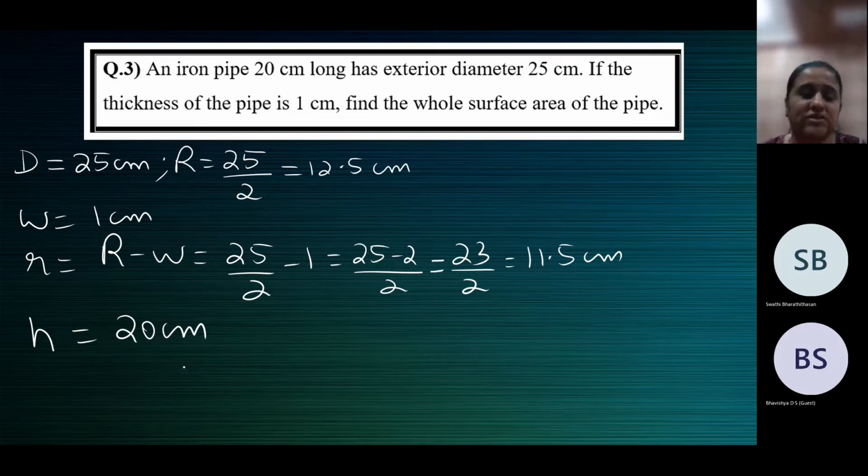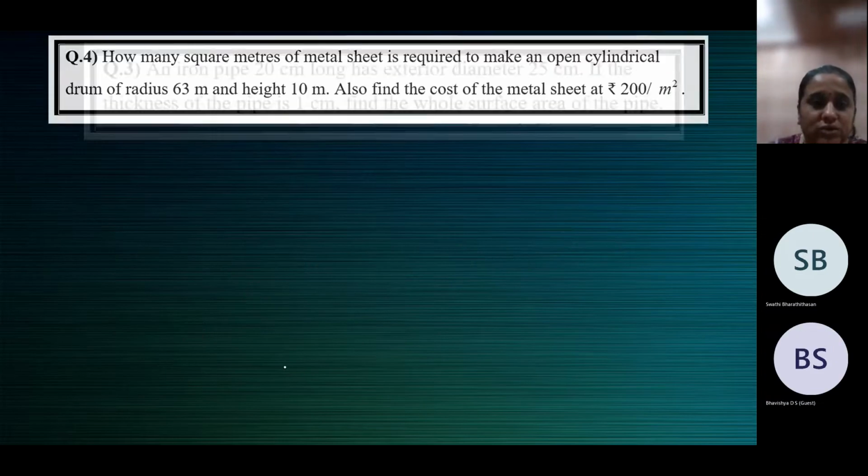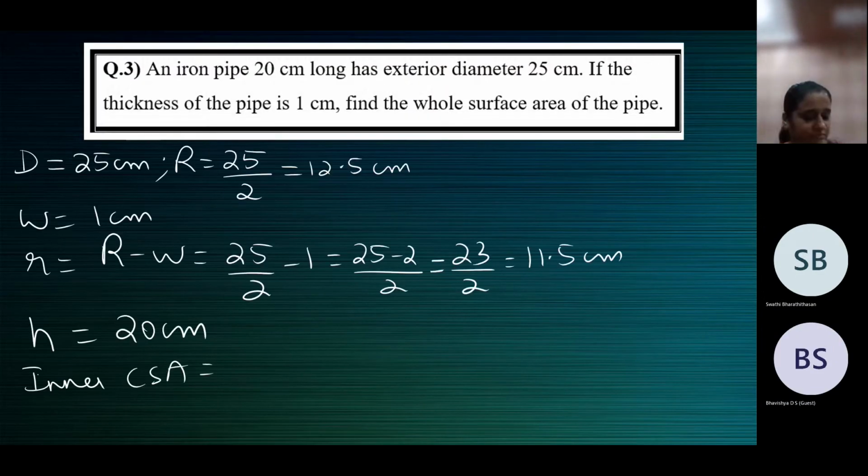Now we need to find the whole surface area. So what are you finding? Did you find the inner CSA? Fine. Please do it. Let me show you one sample.